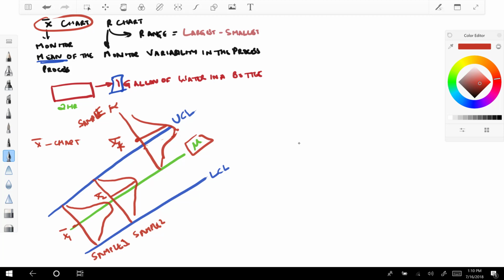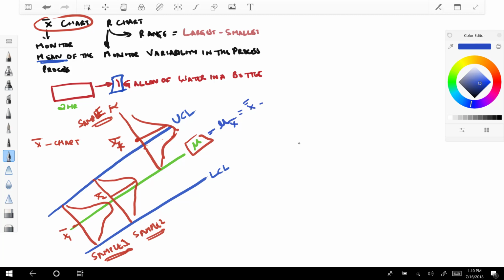So if this is the process, then because we have a sampling distribution, we took different samples. This mean mu can be represented by mu x bar, or some books would use x double bar.